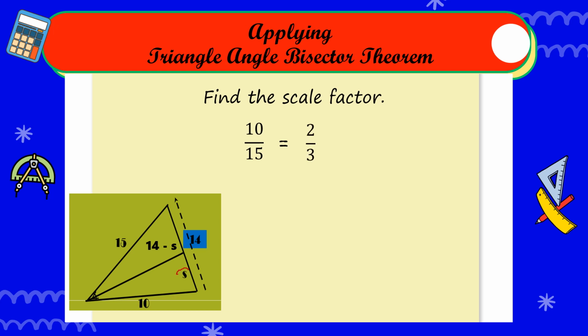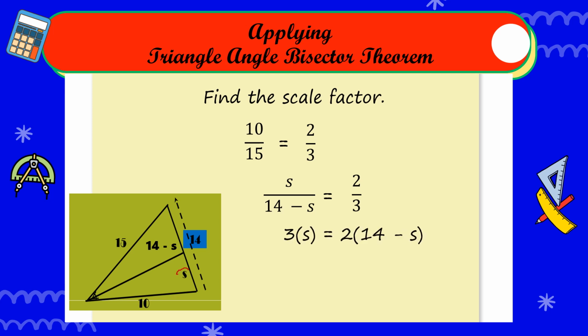Okay, so since we made use of 10, so we will have s adjacent to 10. Tapad sa 10 na side is this segment here. Diba? This segment. So that's s over 14 minus s equal to our scale factor na 2/3, and then cross multiply.